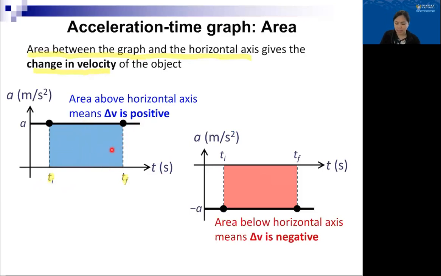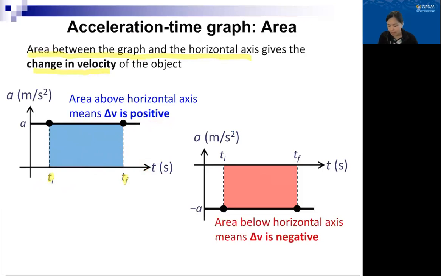And if that area is above the horizontal axis, then that also means that the change in velocity is positive, right? Which could mean that you are speeding up or that you're moving towards the right or upwards.